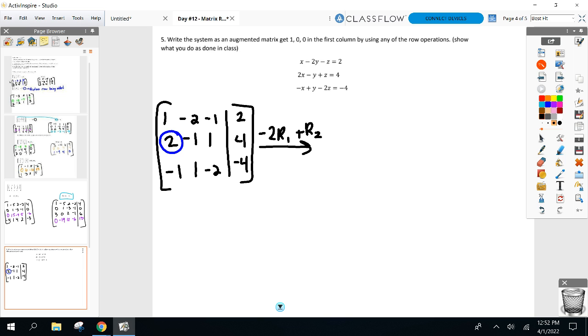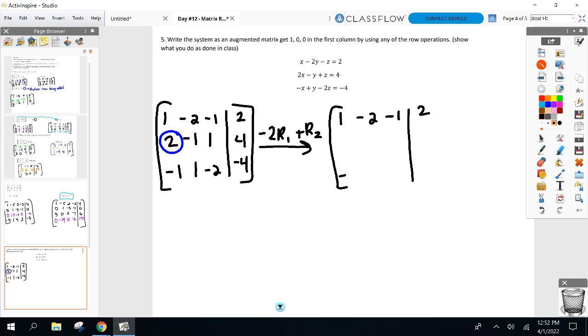Now look, that's one way. Couldn't I also just multiply row 3 by 2 and add it to row 2? Yeah, you could. That's fine. But this is why I like starting always with a 1 here, because you can multiply this by anything you want and add it to whatever row you want. All right, what's my new matrix look like? 1, negative 2, negative 1, 2.